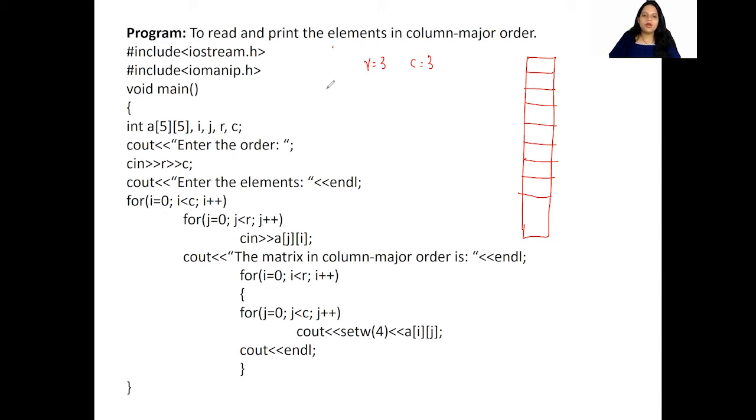See here, for loop, for i equal to 0, i less than C, and i plus plus. Always remember, in order to take values into a two-dimensional array, we need 2 for loops. Why is that?